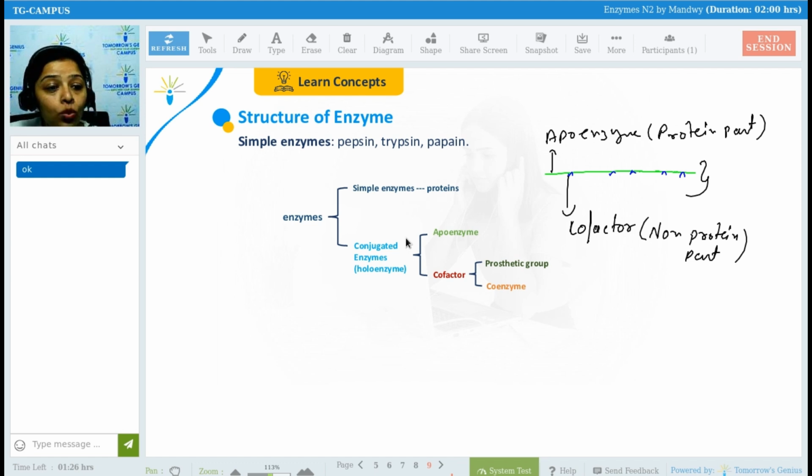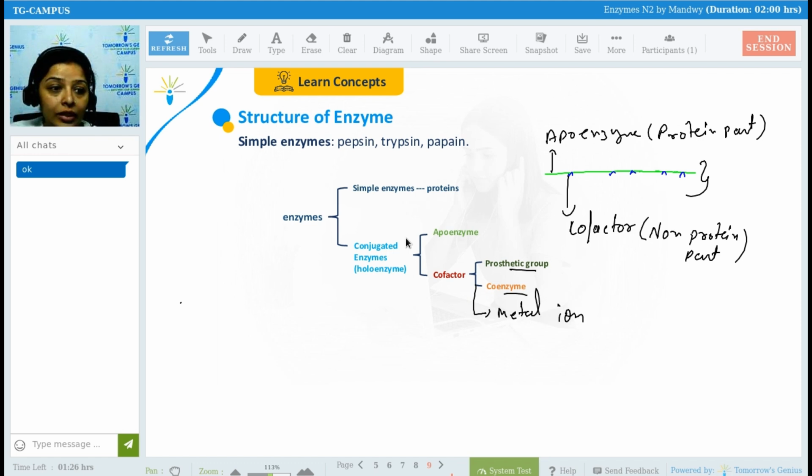Now there are types of cofactor. One is prosthetic group and another one is coenzyme. So basically there are three types of cofactor: coenzyme, prosthetic group, as well as the third one, metal ion.